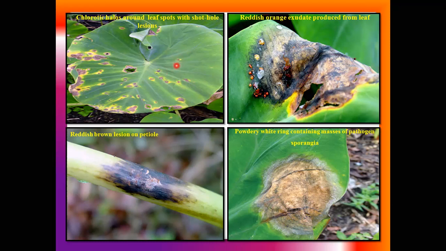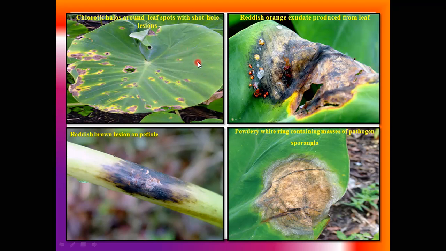These small irregular spots increase over the leaf lamina. Several irregular to round or circular spots are seen on the leaf, and gradually these spots increase over the leaf lamina.